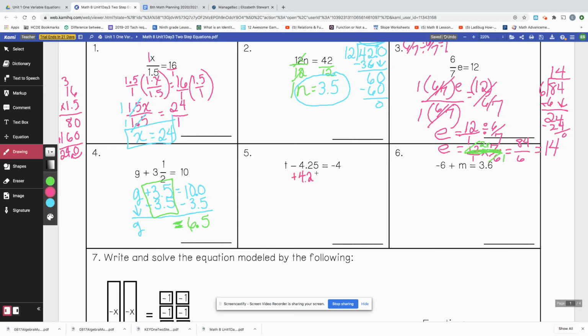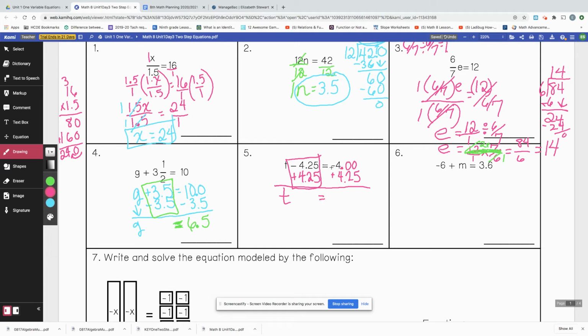In this one, I am doing the additive inverse. I'm reversing this subtraction right here. So add 4.25 to both sides. Let's put our decimals there. Okay, on this side, I have a T. Notice again, I'm adding 4.25 to negative 4.25.